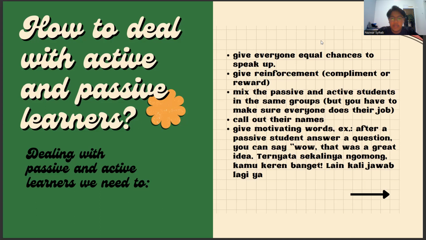And the fourth is call out their names. So we as a teacher, maybe sometimes we have to call one student to give their focus and it should be equal to active and passive learner. And the fifth is give motivating words. It's the same like the reinforcement, giving compliment or reward to young learner.